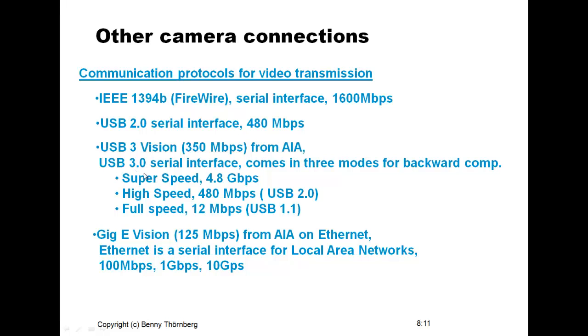The highest speed, super speed for USB 3.0, is 4.8 gigabits per second, then high speed at 480, which is compatible with USB 2, and full speed of 12 megabits per second, compatible with USB 1.1. And there is a standardization called USB3 Vision that is compatible with the USB 2.0 configuration. It is the high speed configuration, and provides 350 megabits per second.